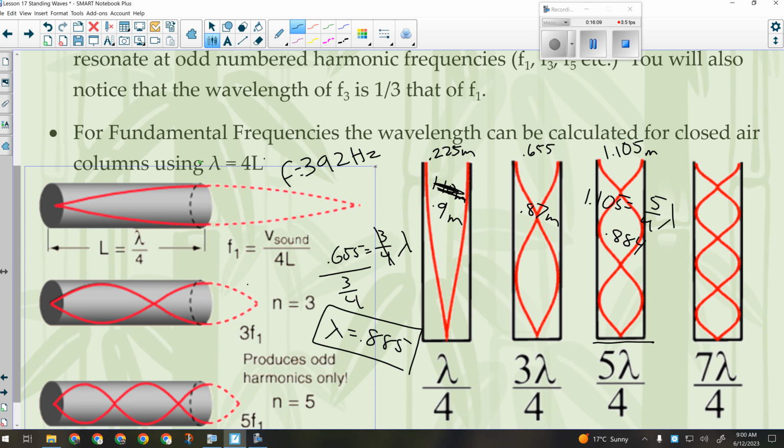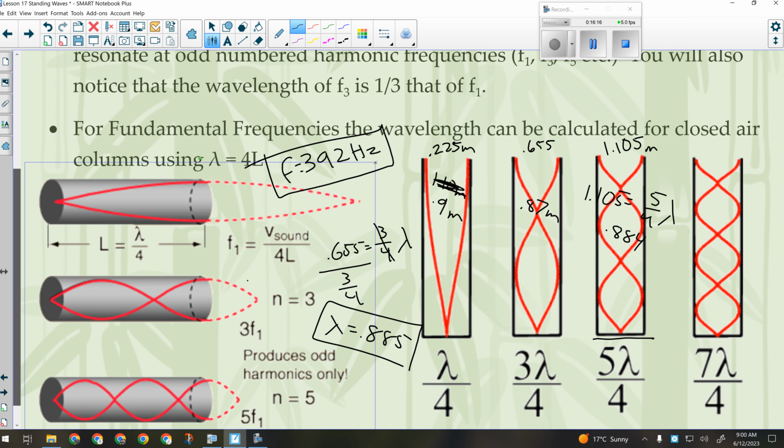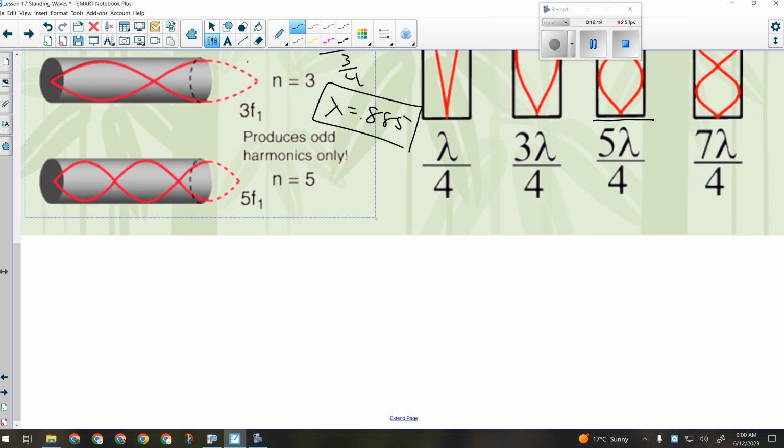Okay, and we know that that tuning fork has a frequency of 392 hertz. Everybody okay with that? So if I want to calculate the speed of sound in this room, it feels like it's about 24 degrees already. It's as close as 23 in here. Okay, so it's 23 degrees in here right now.